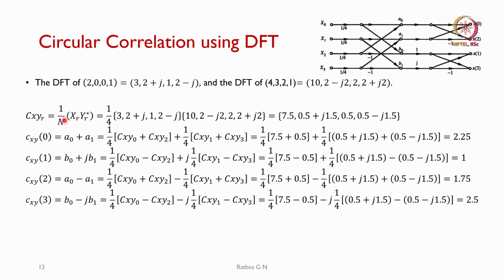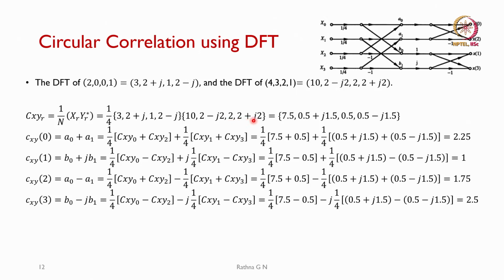Now we calculate the circular correlation Cxy(r). It is 1 by N into Xr into Yr conjugate. If we substitute, this is our Xr multiplied with the conjugate of Yr. Yr is 10, 2 minus j2, 2 and 2 plus j2.